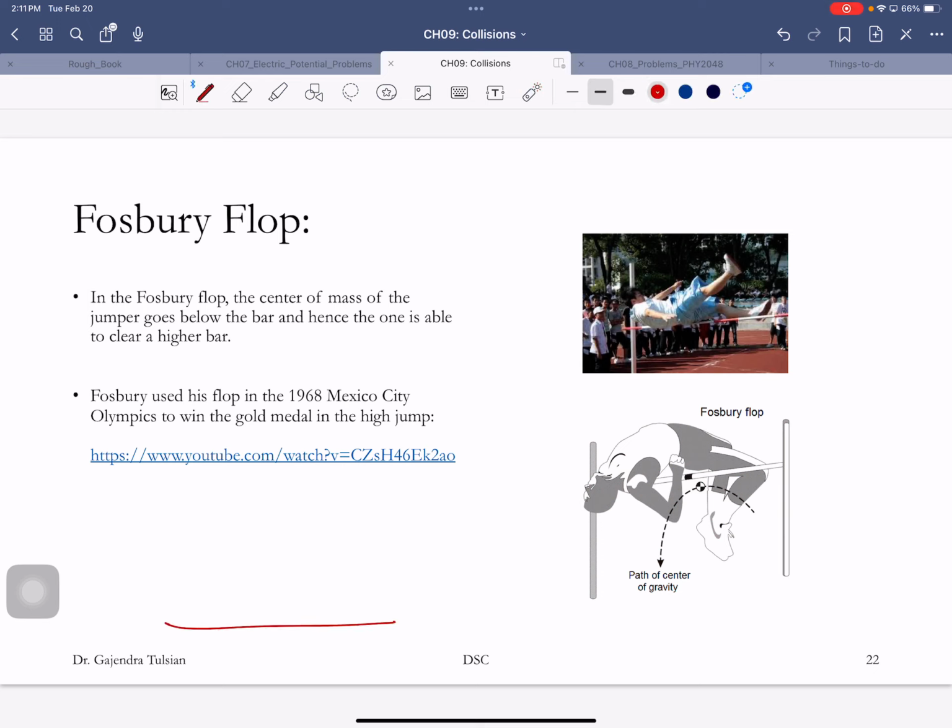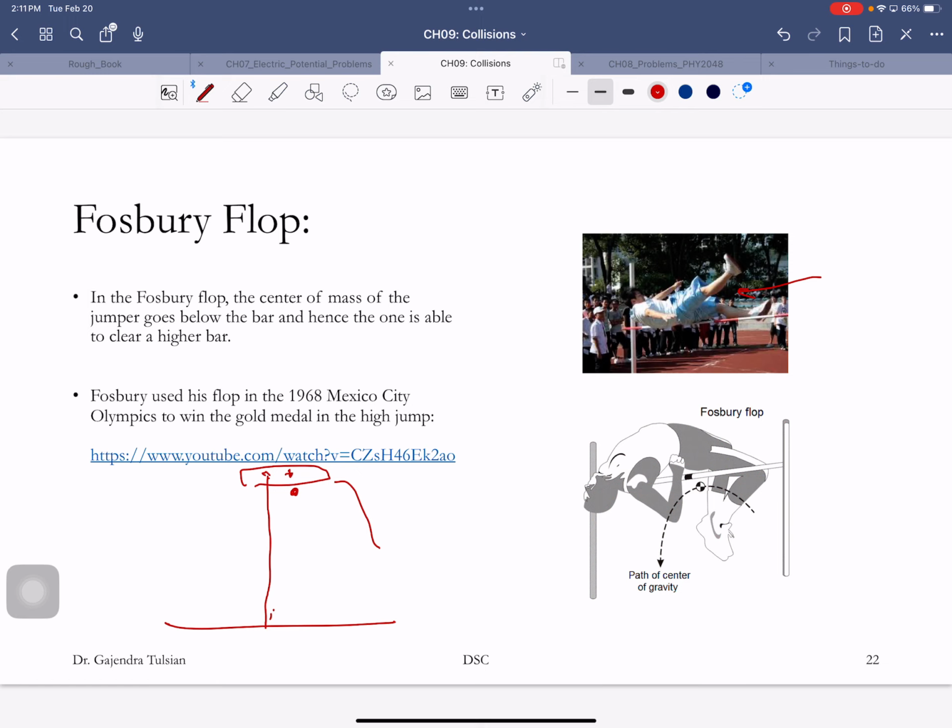Here's the ground, there's the bar, and the idea is for you to cross over the bar. In the past, people would jump like this. And so what you've done is you've raised your center of mass that high. Most athletes roughly have equal capabilities, and most of them are able to raise it to that level.